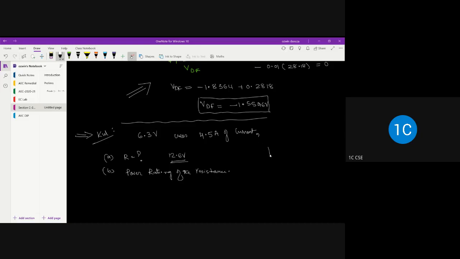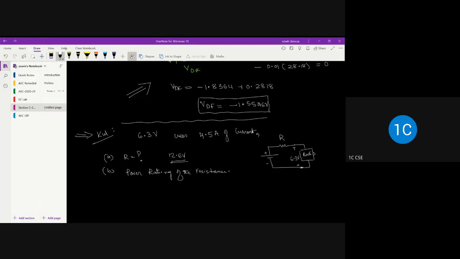Okay, so this is the circuit. This is your radio. The terminal voltage they have given is 6.3 volts.